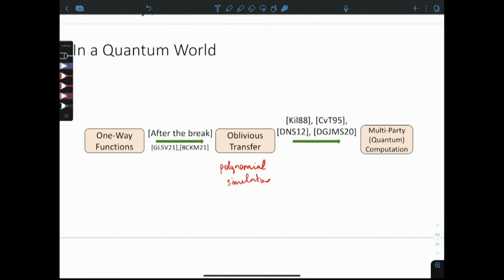I just want to say one last thing about this little quantum in the brackets here. So far, this talk was all classical world stuff. So the functions that we were talking about, the circuits we were looking at, were all classical Boolean circuits.